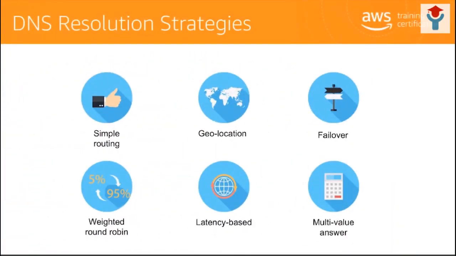Route 53 goes beyond just name to IP address resolution and also offers several other resolution strategies, all of them using a global network of DNS servers around the world. That makes it possible for you to shorten the distances between your DNS resolution and your customers. So when they search for your domain, their queries are automatically routed to the closest DNS server, which resides in one of the many AWS edge locations.